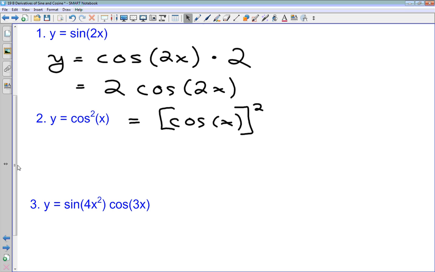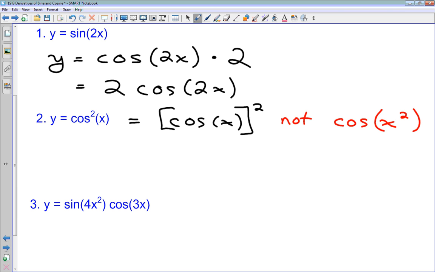This is not the same as if you see cosine of x squared. If you see cosine x squared, what this means is that it's just the x that has been squared, and then you're taking the cosine of it. This is an important distinction when you're using the chain rule, because it changes what is your outer function and what is your inner function.